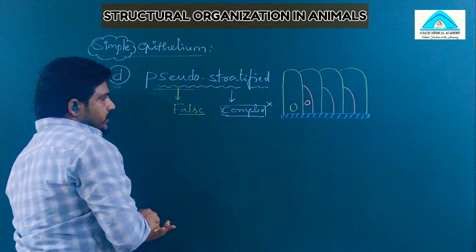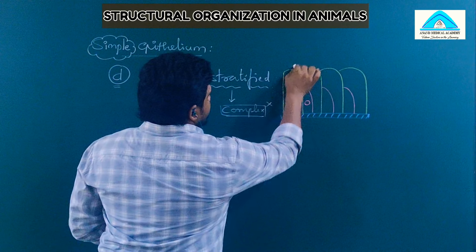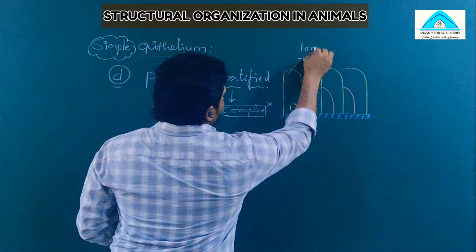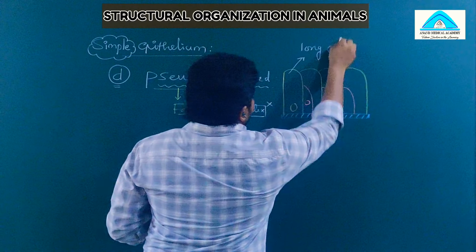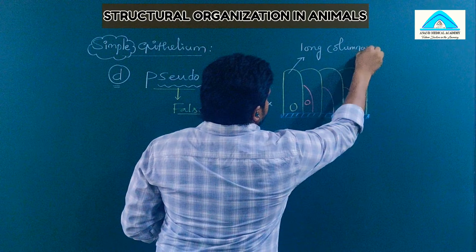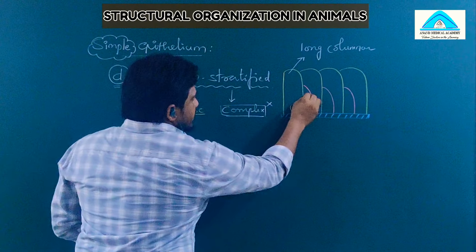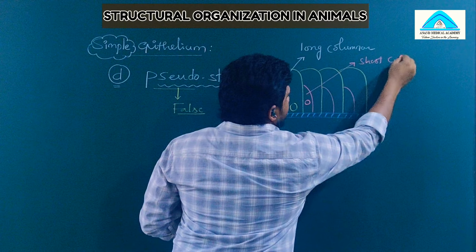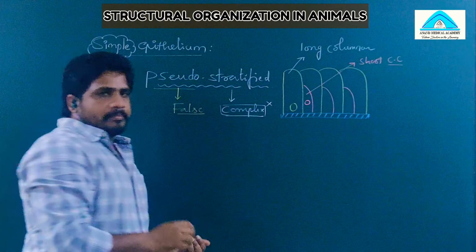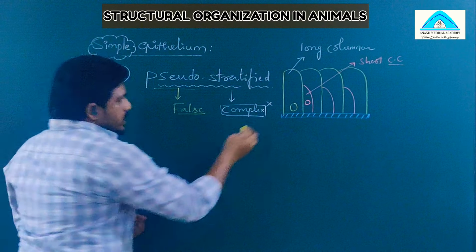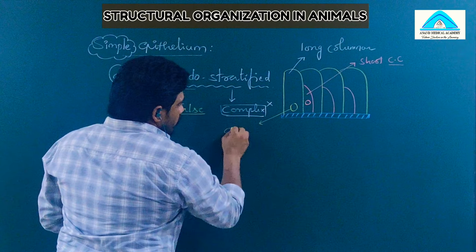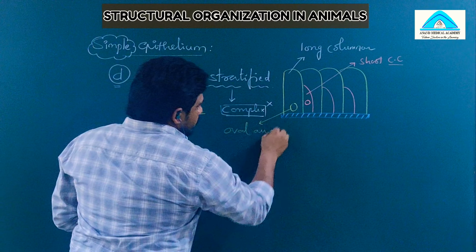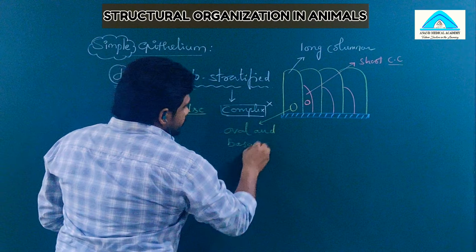In pseudo-stratified epithelium, the main character is this: this is the long columnar cell and this is the short columnar cell; the short form I have written. The long columnar cell has an oval, basal nucleus.